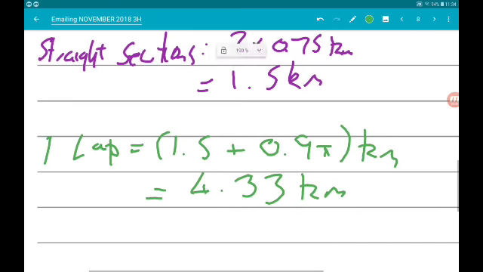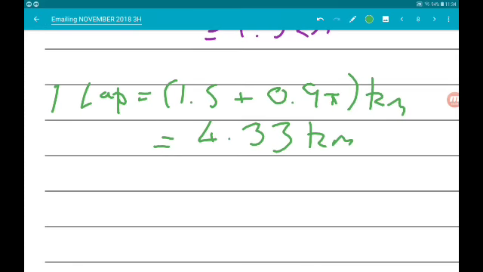Now, if we do 305 divided by that, we get 70.4.